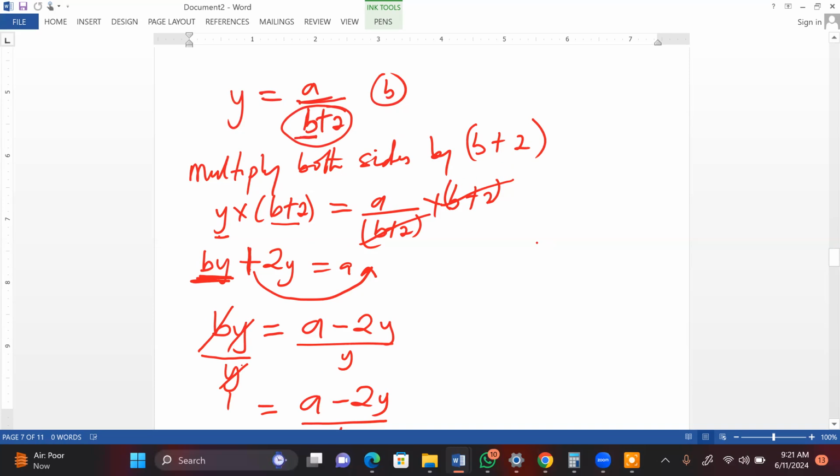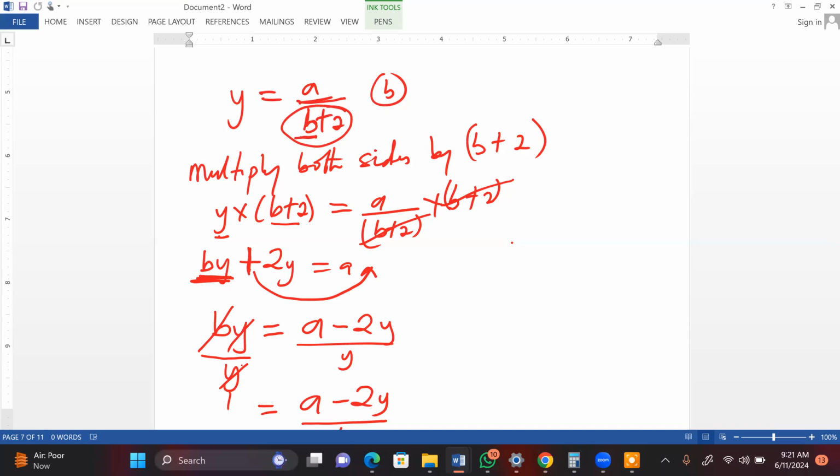And then all of a sudden, we divided both sides by B plus 2, and we crossed out the B. No, we multiply both sides by B plus 2. Yes, and then we crossed out B plus 2. At what point do you know that you have to actually multiply both sides by B plus 2?